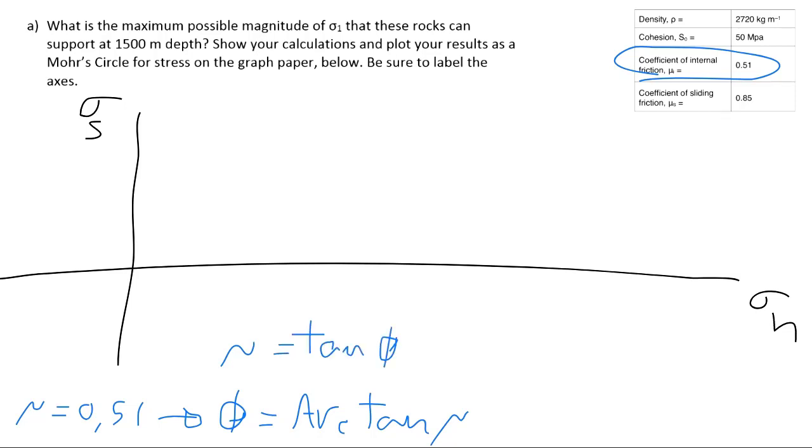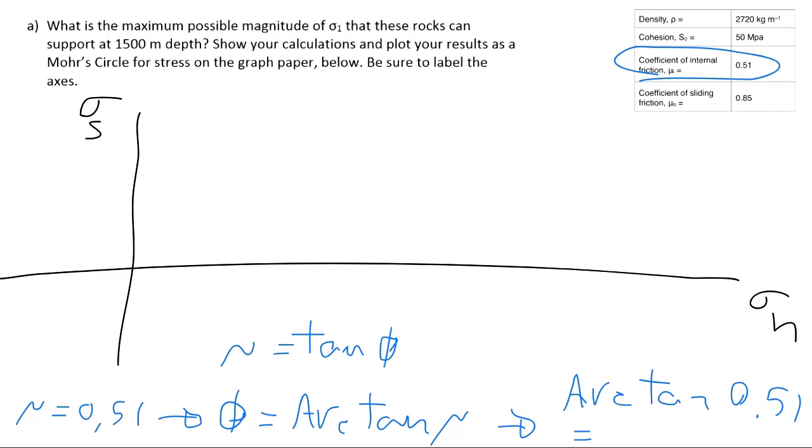If you take the arctangent from both sides, the arctangent and tangent cancel each other on the right side of the equation, and you are left with the arctangent of mu. So if we calculate the arctangent of 0.51, it's going to be equal to, let me calculate this.